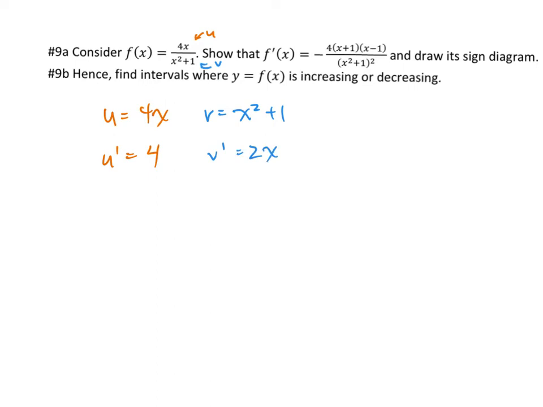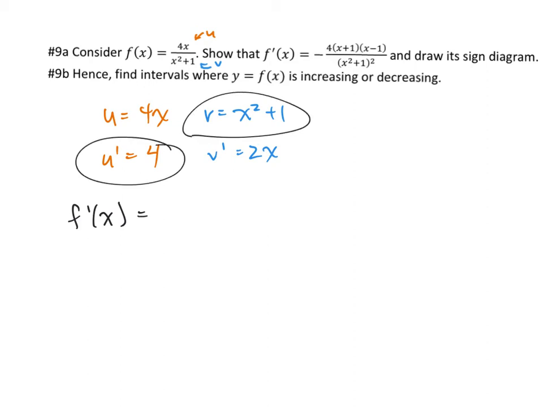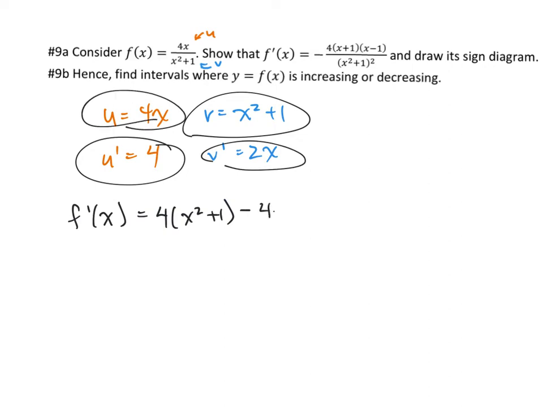And so the derivative, f prime, is going to be 4 times x squared plus 1 minus 4x times 2x all over x squared plus 1 squared.